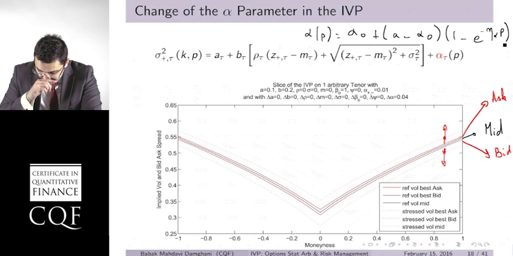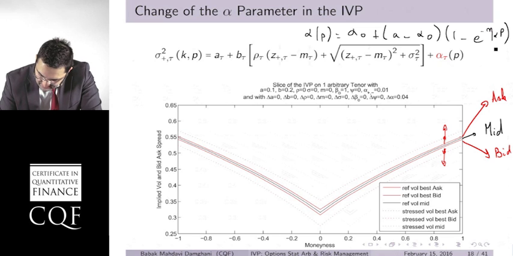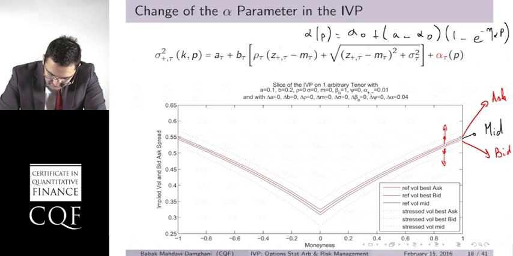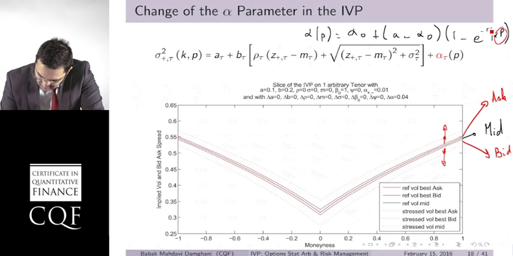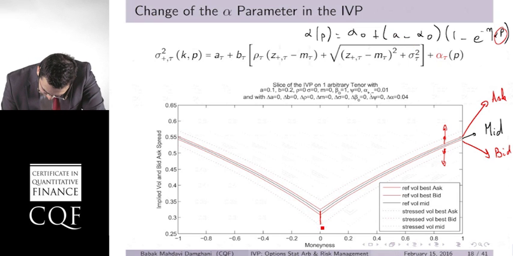Okay, so imagine eta is just a positive number for now. What this is saying is that when this position is really, really big, then this becomes really small, and essentially you have at the end alpha 0 plus a minus alpha 0, and you have a. Okay, so that means that this guy has come all the way down here.